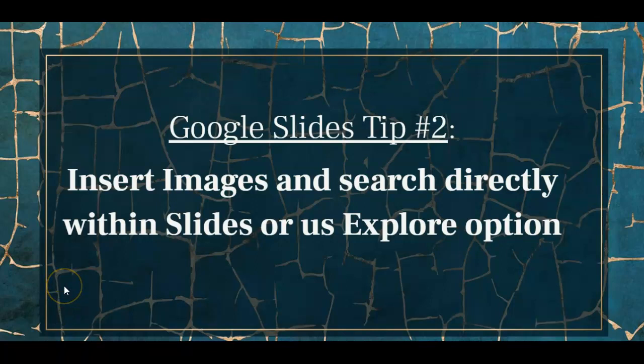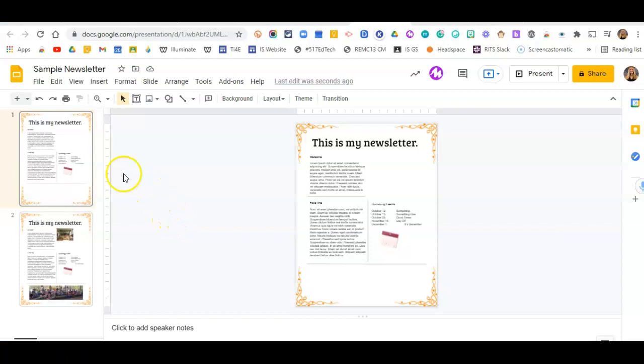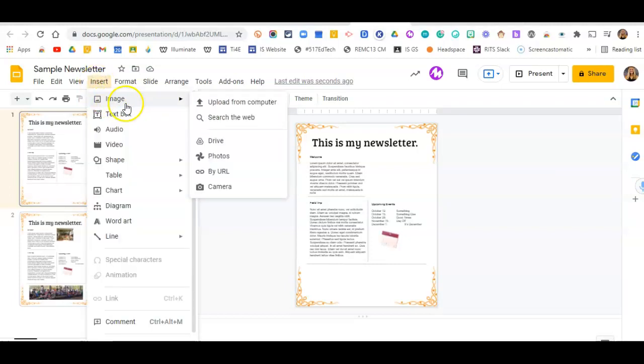My next tip is going to show you how to easily insert images into your Google Slides to create your template without having to actually even leave Slides. So there's a couple ways to insert images into your template. The first is I can go to Insert, Image, and then choose where I want to find my image from, right?